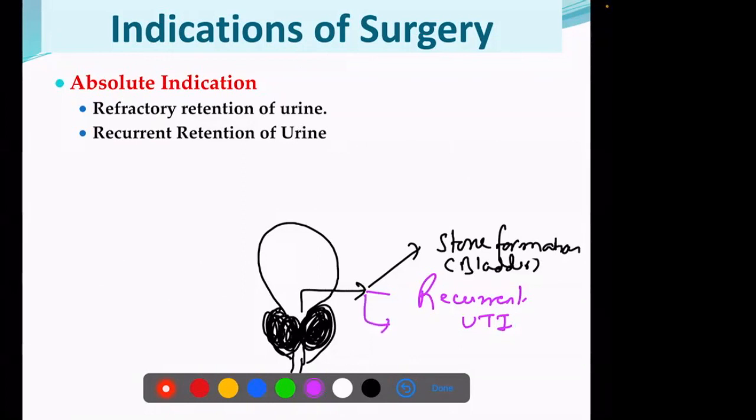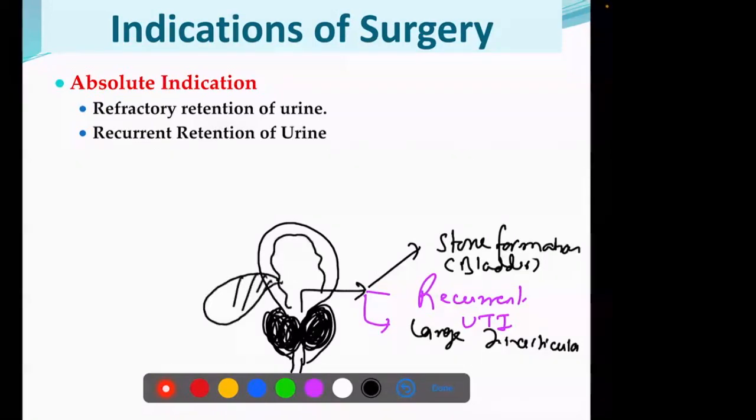If the patient has large diverticula. Diverticula is an outpouching of mucosa due to the continuous contraction of the detrusor muscle against the obstruction. The mucosa will outpouch. This is known as diverticula.